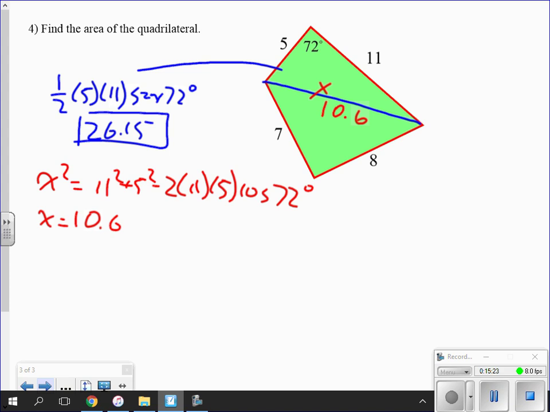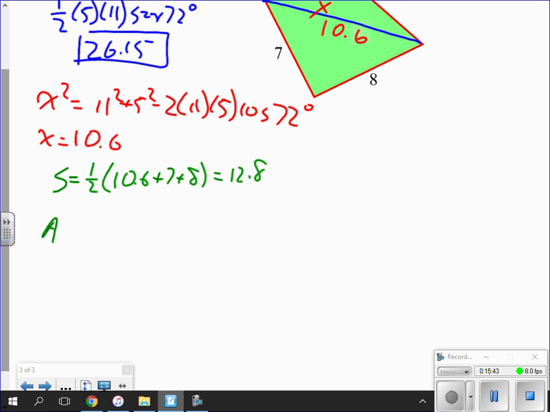Now I use Heron's formula. I figure out my semi-perimeter, 1/2 times 10.6 plus 7 plus 8, and you get 12.8 for your semi-perimeter.